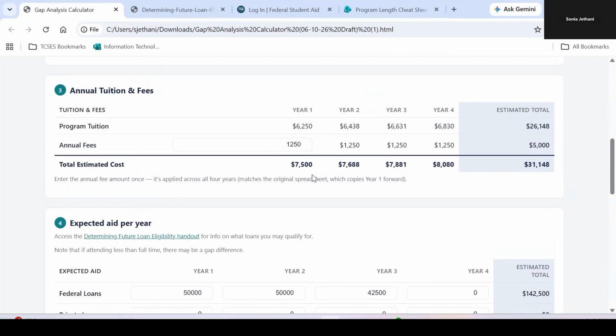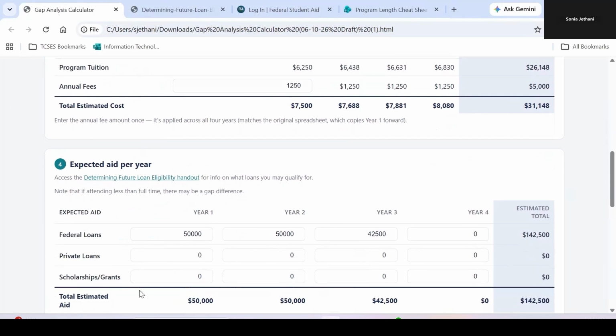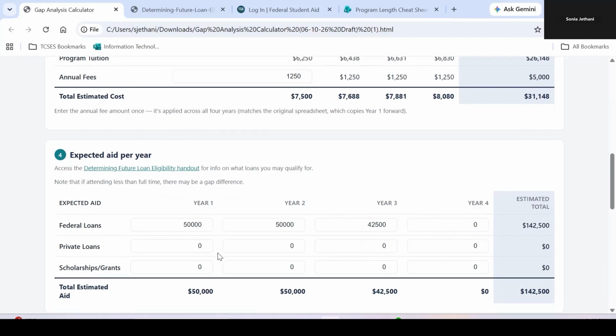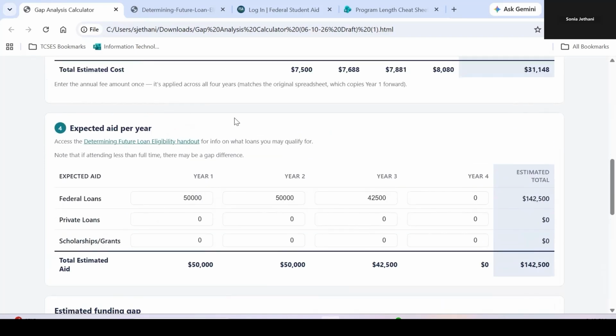Notice that the first year of your cost is $7,500. Therefore, the total estimated aid that I have for the purpose of this example in year one is a lot more than my total estimated cost. What you'll want to do here is consider also your indirect costs, in that you will have to think about covering your room and board, your books and supplies, your transportation costs, and your personal costs.